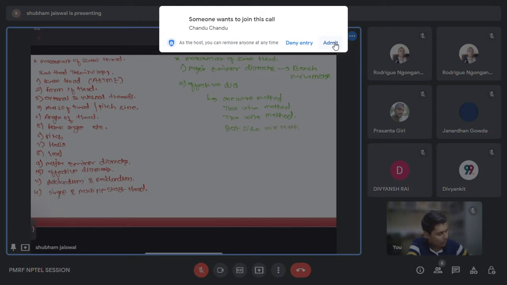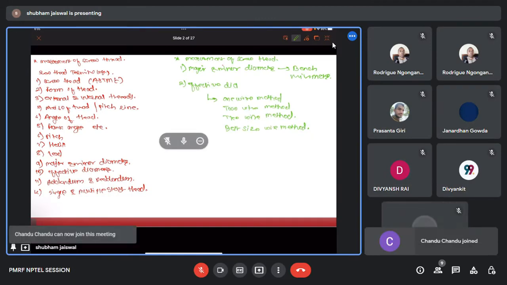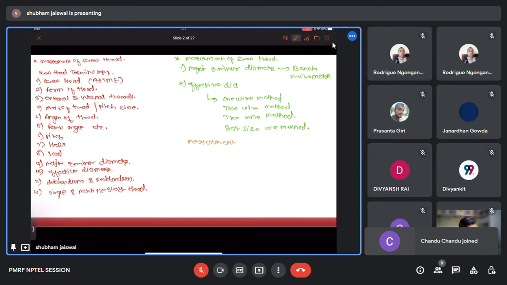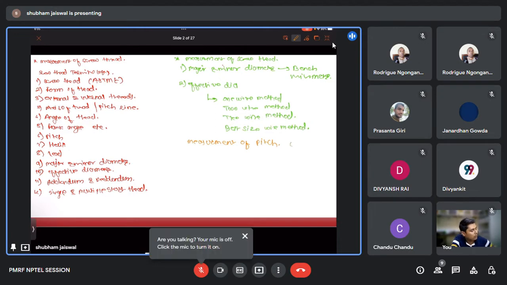Then we have seen the measurement of pitch, and in that we have seen the pitch error.